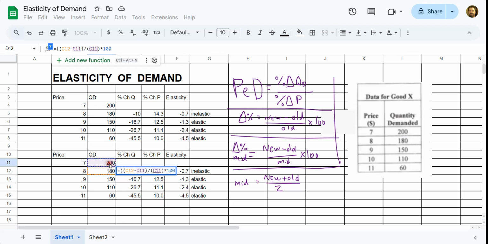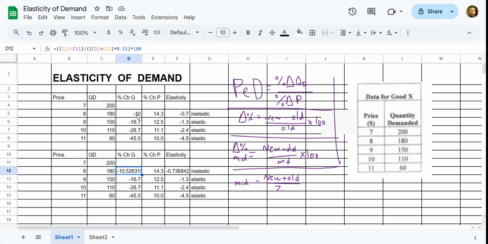I could say this plus this, and then I want to put that in parentheses. A lot of parentheses on this one. I'm going to multiply that by 0.5. Okay, you can multiply that by 1/2. 0.5 is 1/2.